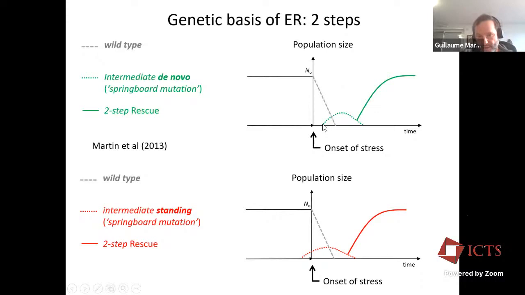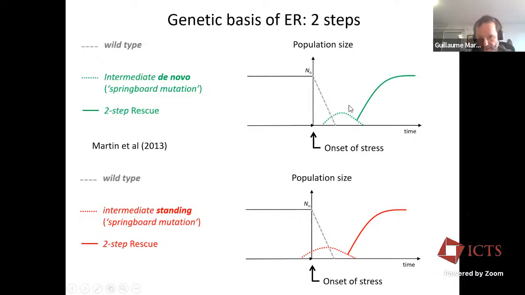We call these springboard mutations in another paper, not this one; in this one, we do the population genetics for it. They are called springboard mutations because they serve as a springboard to become the rescue. Either this springboard mutation arises de novo, or it's already there and serves as a rescue later on.